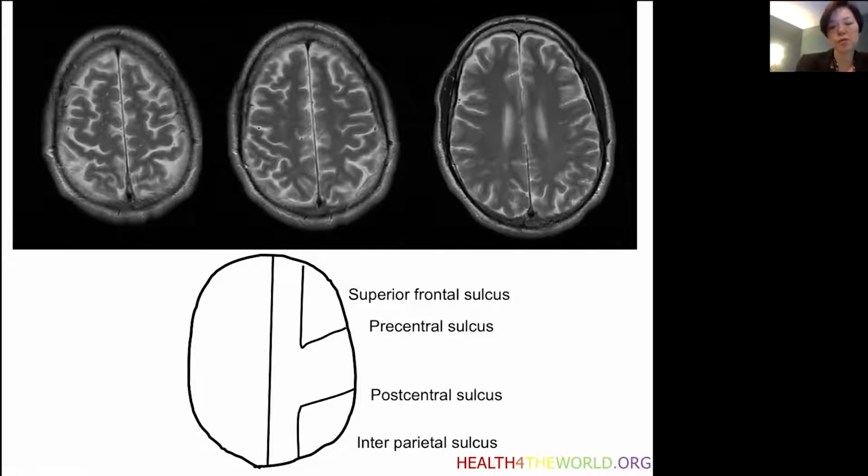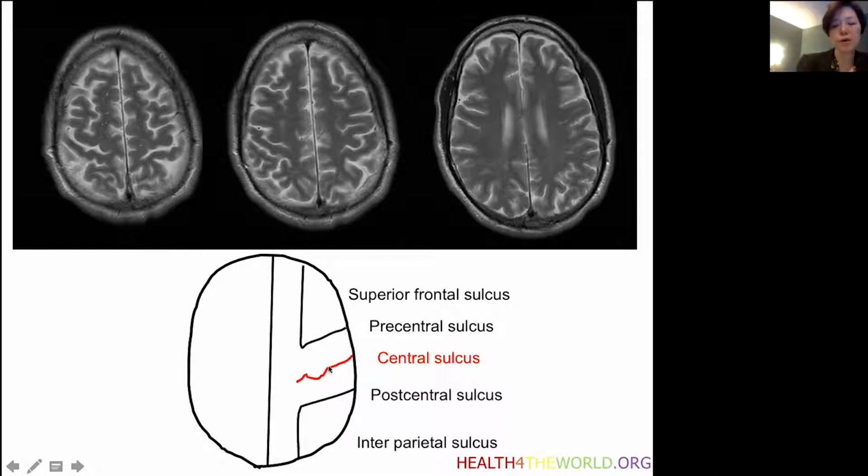So if you want to identify the central sulcus, it is in between. So you can use this anterior-posterior orientation, which is superfrontal sulcus and interparietal sulcus. And then you have a right to left orientation of sulcation. Anterior one is a precentral gyrus and posterior one is a postcentral gyrus, right?